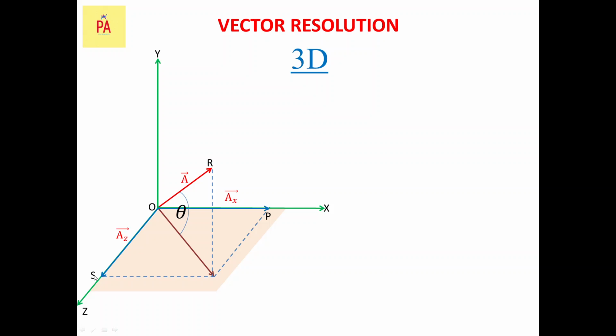Now we need to find out the vector. We have got the vector along the x-axis, or the horizontal component. We have got another horizontal component along the z-axis. Now we need to find out the vector along the y-axis, or the perpendicular component, for this vector.